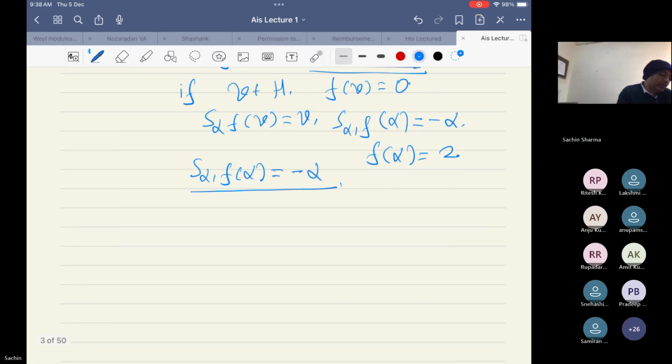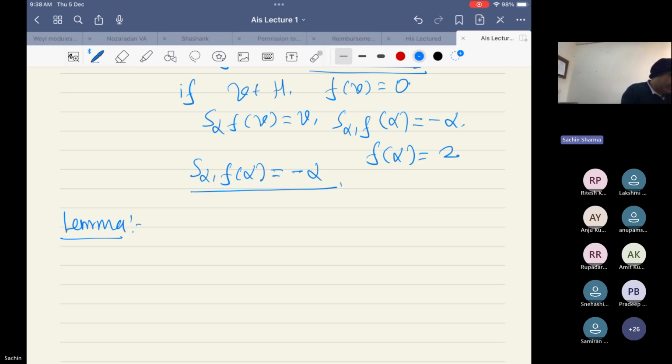These reflections play a very important role in the definition of a root system. Meanwhile, let us worry about the next lemma, which is very important.